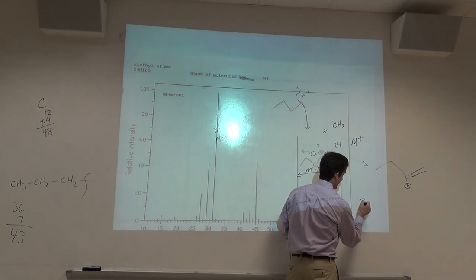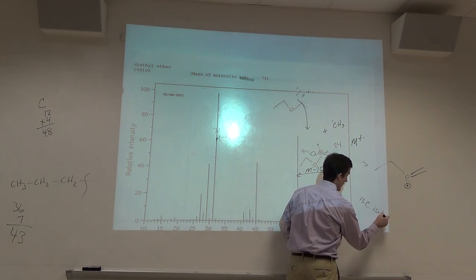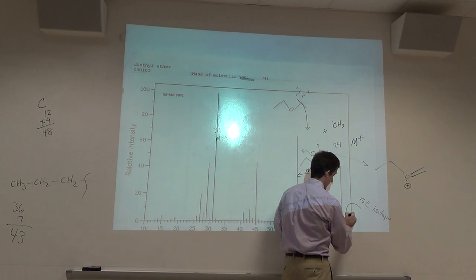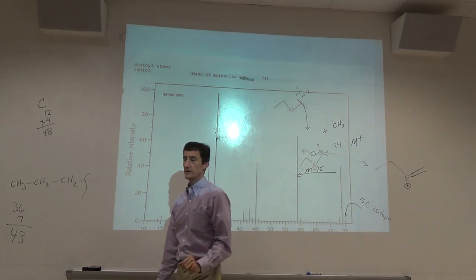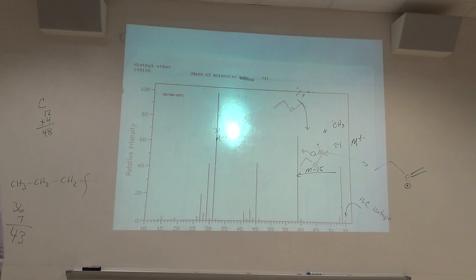This is where one of the carbons in your molecule is C13. That's possible, yeah? Is it not? Possible, right, Andy? Is it possible to have two carbon-13s in this molecule?